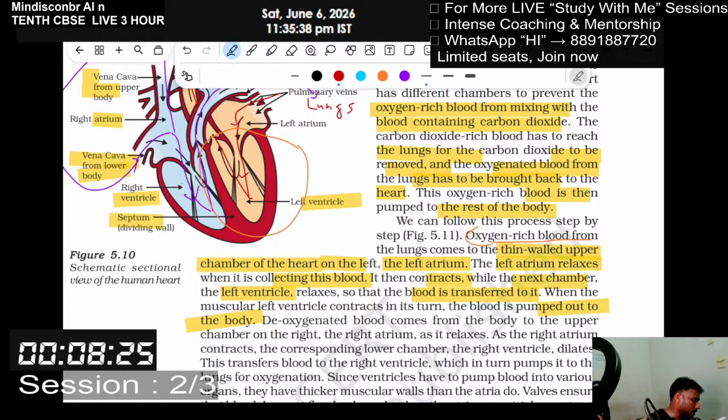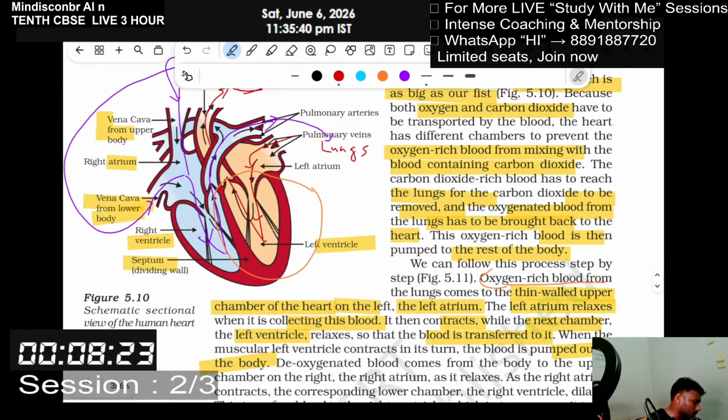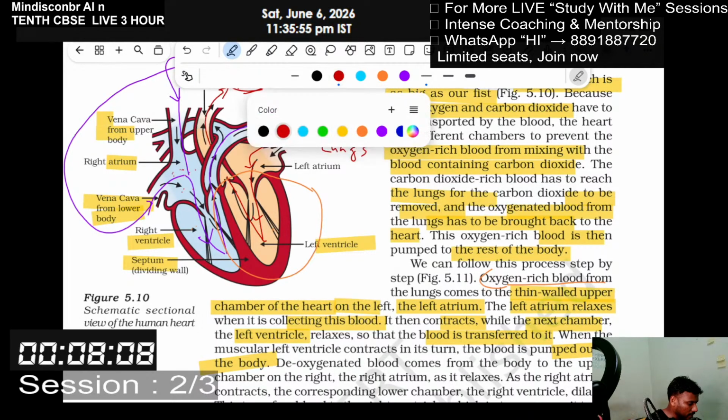Okay. Oxygen rich blood comes from the lungs to this left atrium.